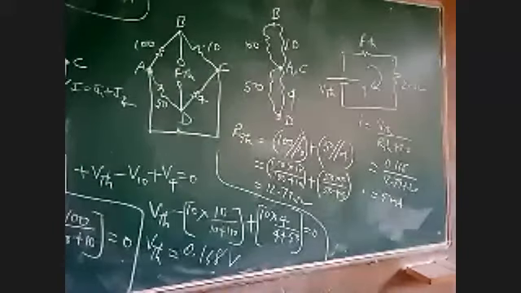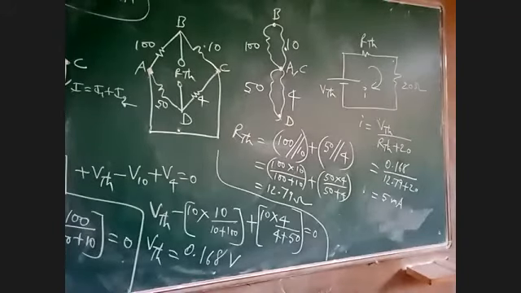Yes, 10 power minus 3 means milliampere, so 5 milliampere. So in this problem, it is easy to apply voltage divider for determining the current in the galvanometer using Thevenin's theorem.